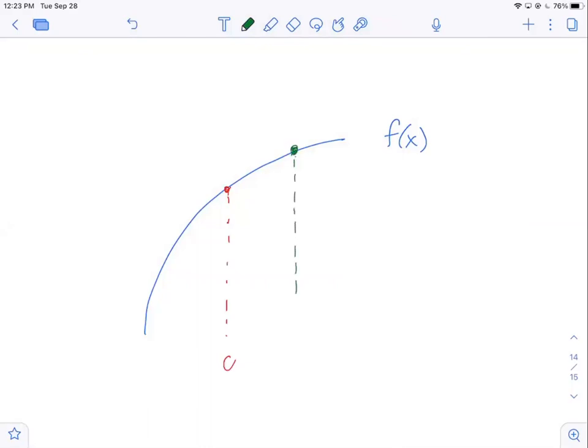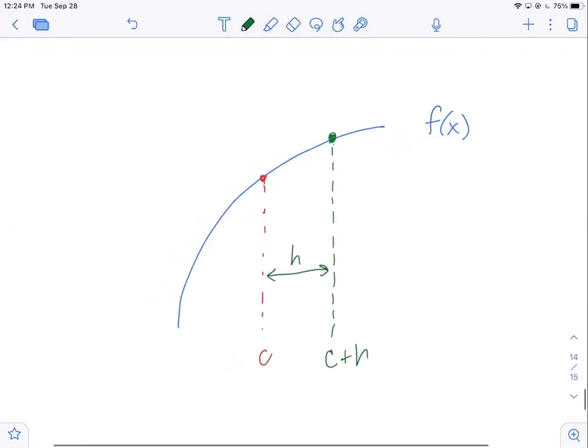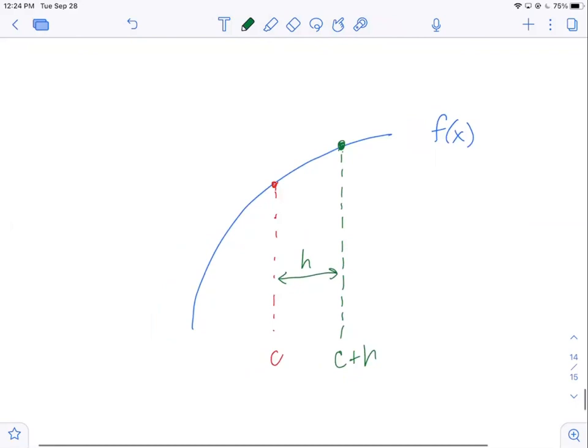For this one, I'm going to call it c plus h. So I'm going back to calling the distance between the point I'm interested in and the other point h. But instead of just choosing those two points and leaving c fixed, the point I want, and letting h go to 0, I'm going to choose yet another point over here.